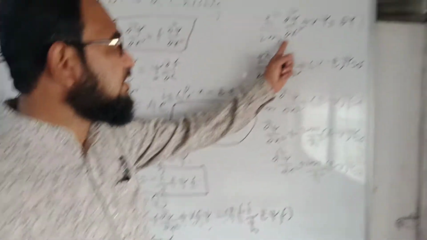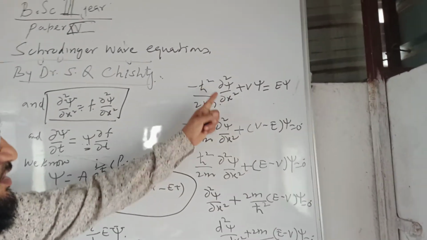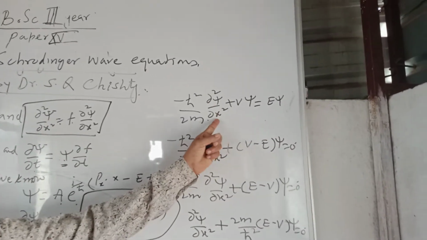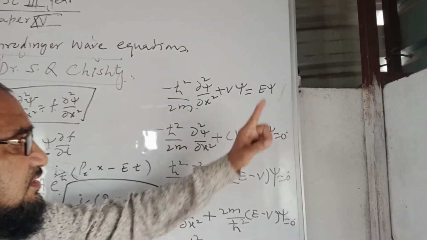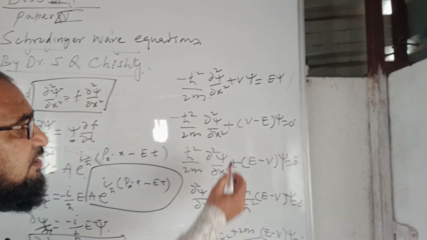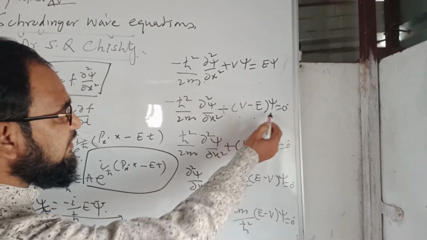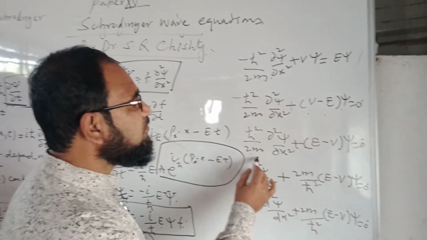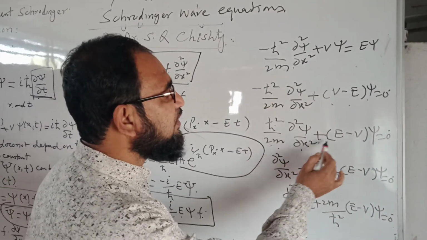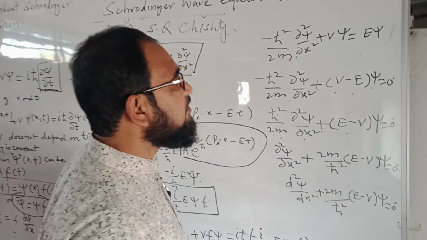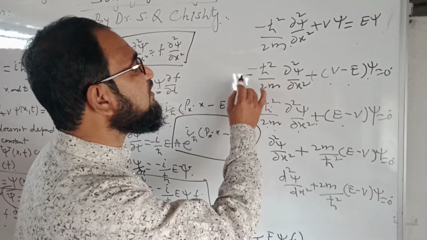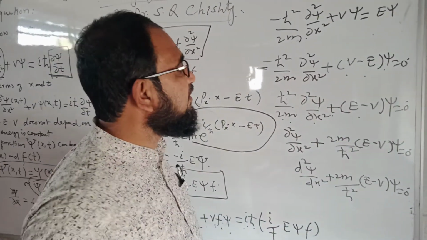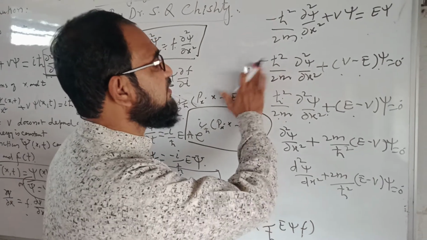So I will get here -ħ²/2m ∂²ψ/∂x² plus Vψ equal to Eψ. Now take this Eψ to this side, it will become V minus E, ψ will be common, and our equation will become ħ²/2m ∂²ψ/∂x² plus (E - V)ψ is equal to 0, because I am inserting this negative sign into this bracket, again multiplying by the minus sign.